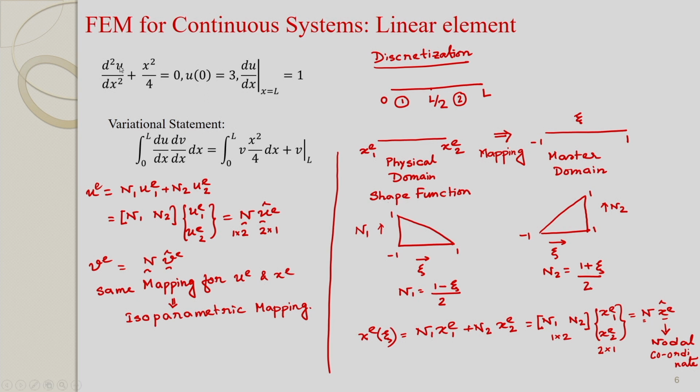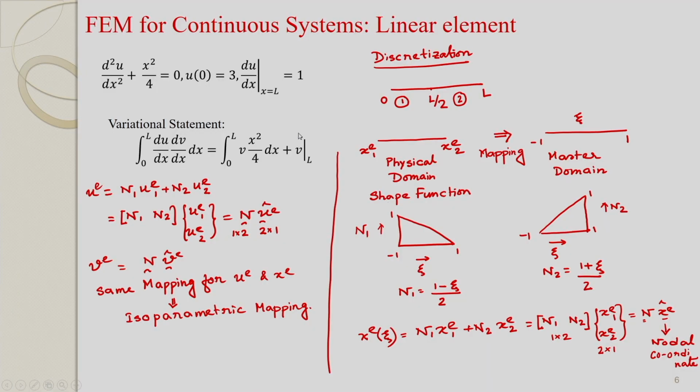So, after you do the variational statement, then in the boundary condition, this du dx is nothing but the Neumann boundary condition or natural boundary condition, which is taken care of in the variational statement itself.